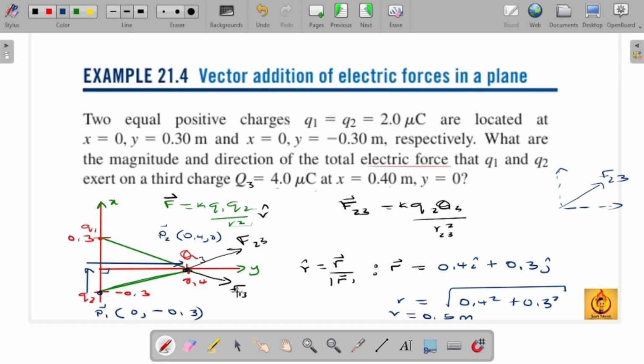And then if you were to decompose F13, you can see it's downwards. So you see the y components cancel because they are in opposite directions. The x components add because they are facing the same direction. I hope that is clear. I will just leave it here, F1 on 3.